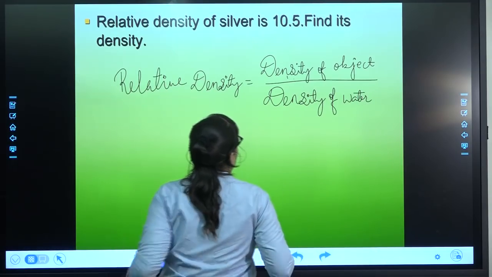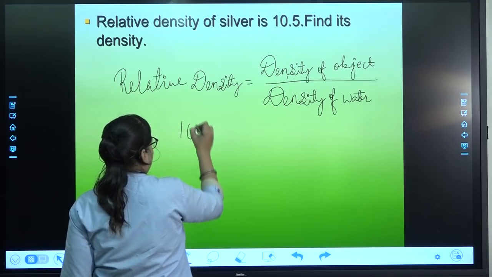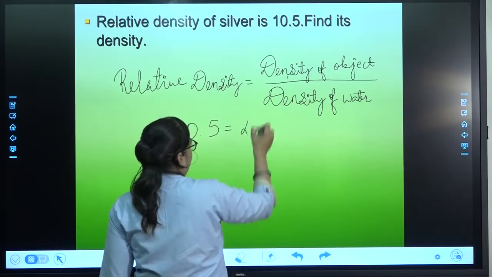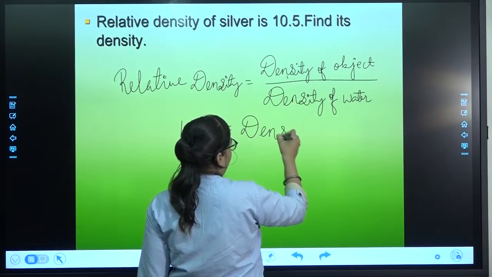Now what is the relative density given as? It's given as 10.5. The density of silver is what we need to find out.